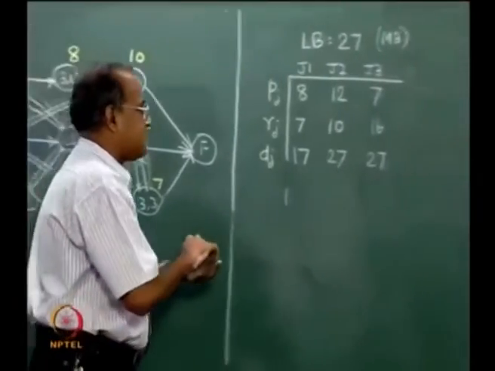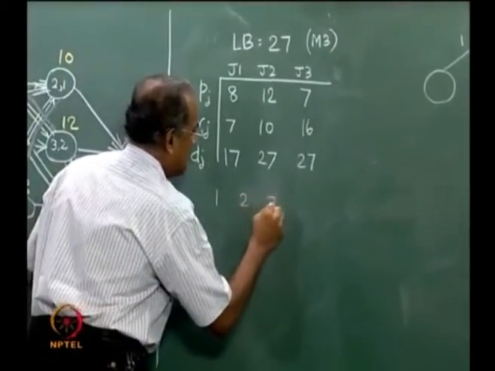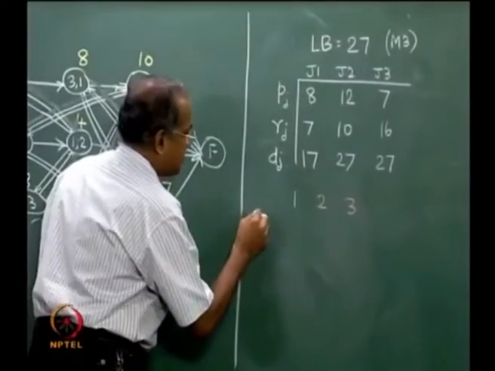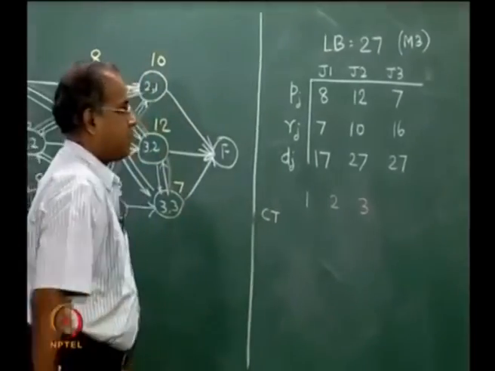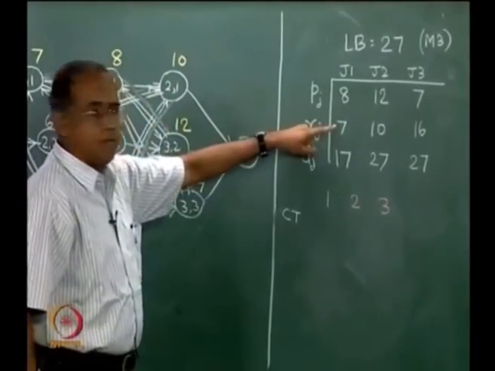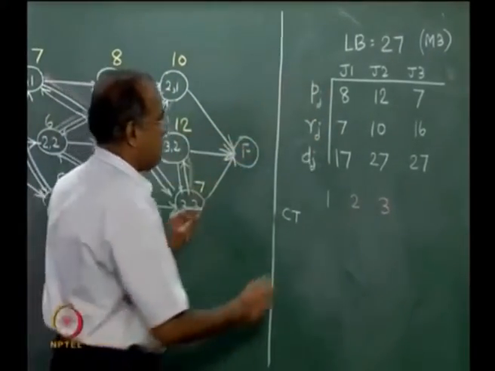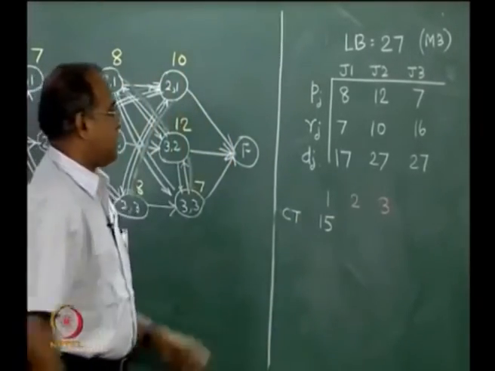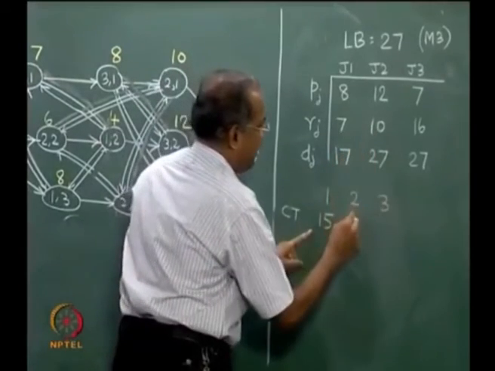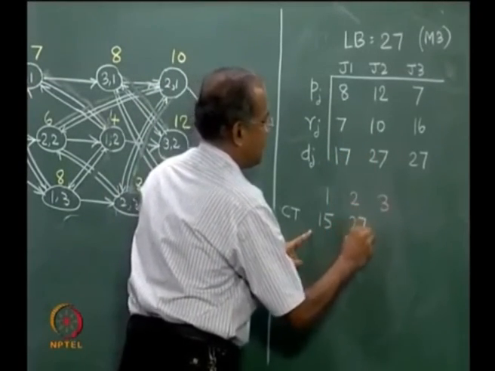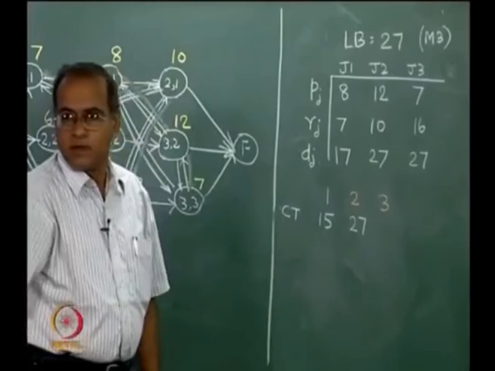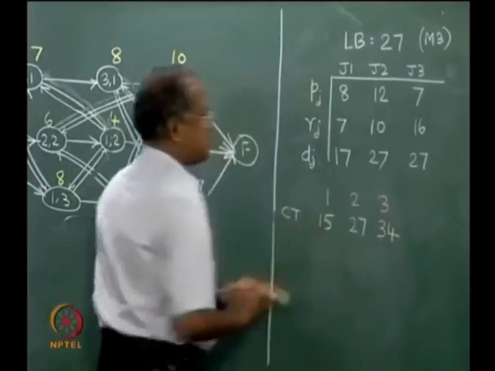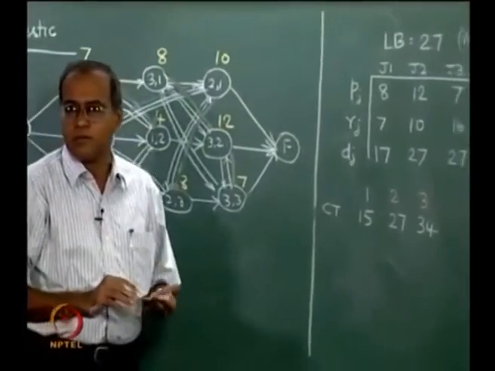Let us take the case 1 2 3. Now, completion times. J1 is available only at time equal to 7. So, 7 plus 8, 15. Now, at 15 J2 is available, 15 plus 12, 27, and at 27 J3 is available, 27 plus 7, 34.